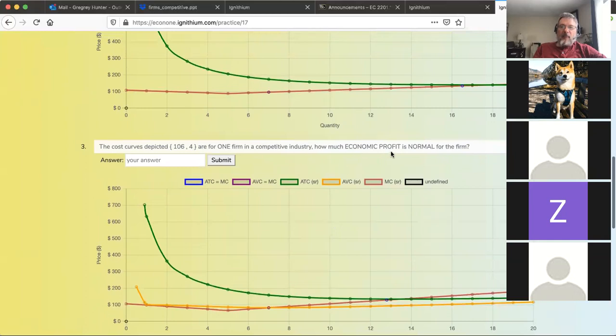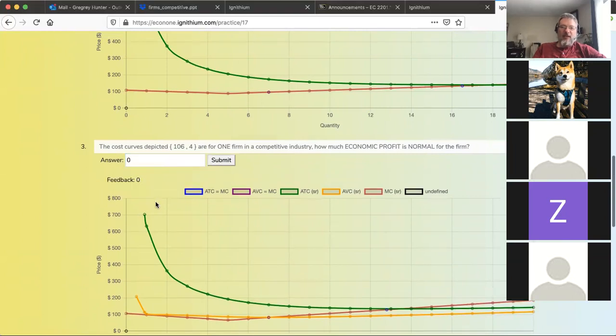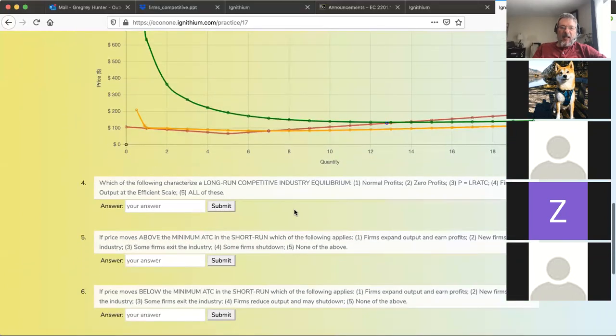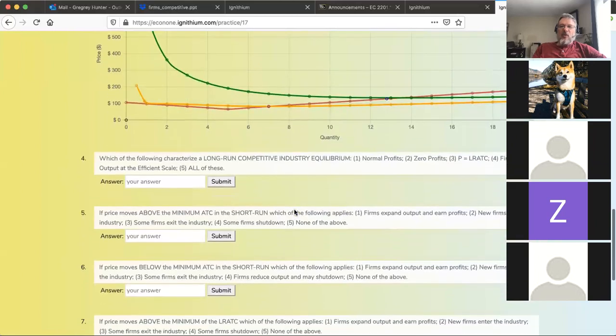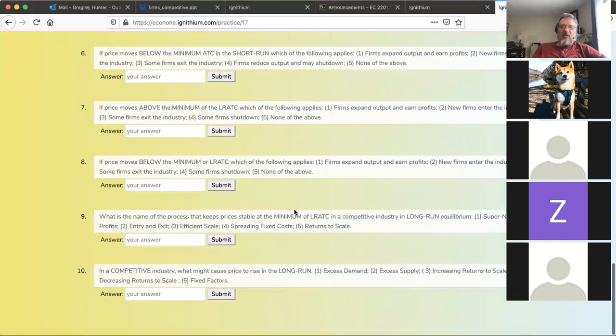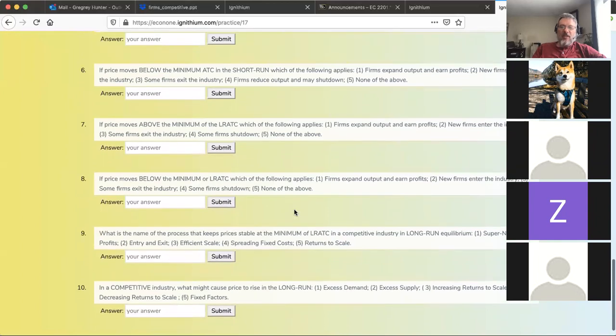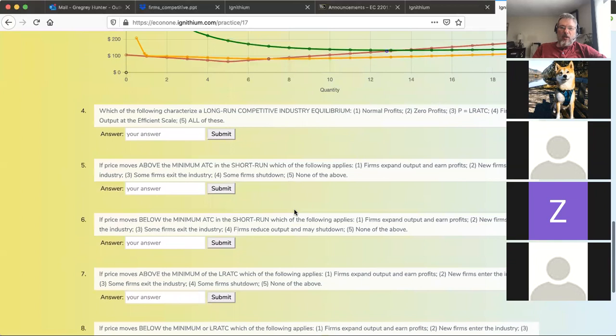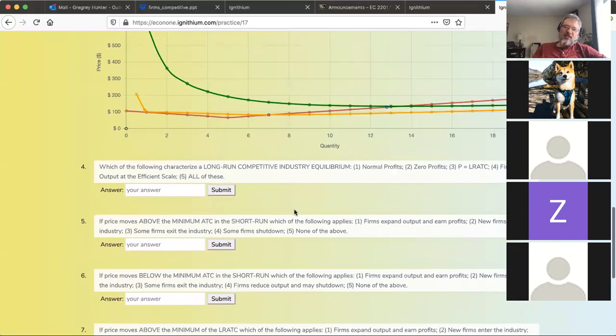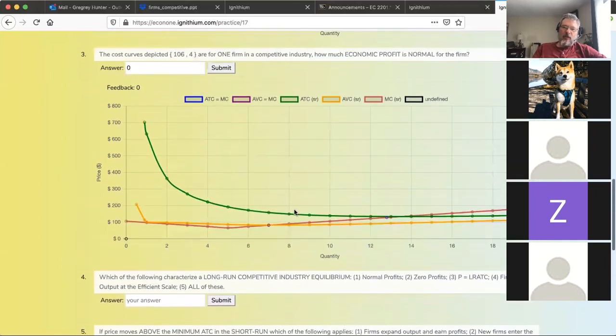And normal economic profit, well, it should always be 0. So that's fine. And then the rest of these are just some questions about the difference between short run and long run. And you guys should be able to answer those pretty straightforwardly.